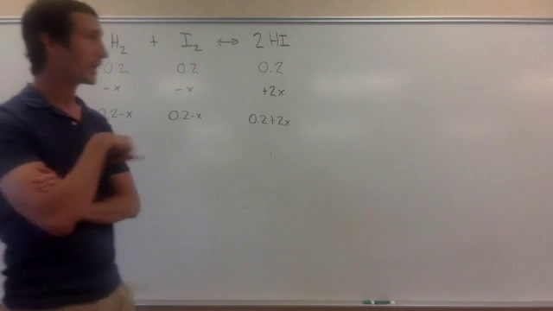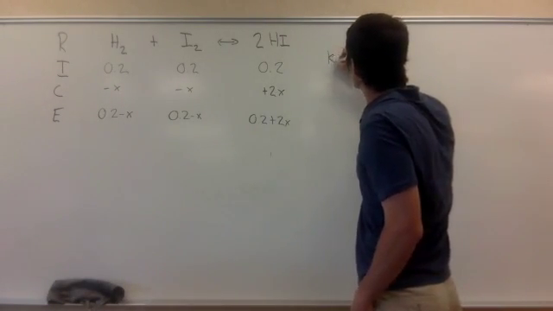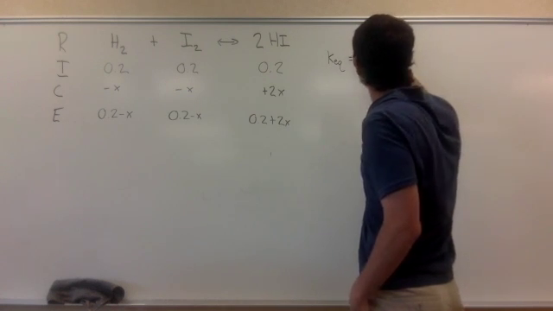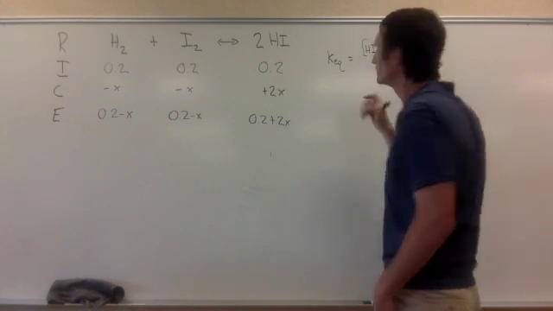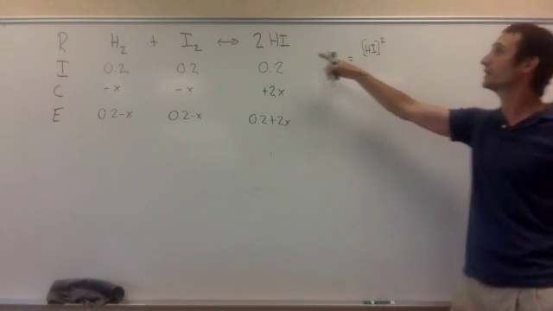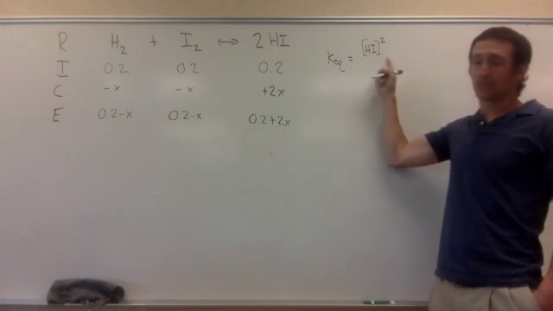Okay, we should write our KEQ expression. So for this reaction, KEQ is going to equal the concentration of HI squared, because the coefficient in front of that is 2. That was another common mistake.